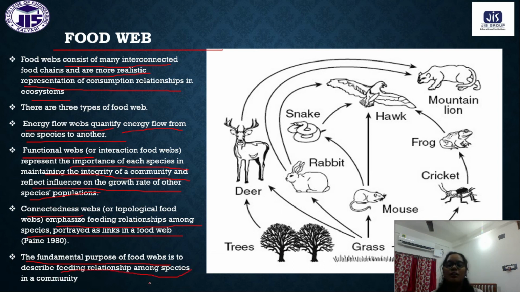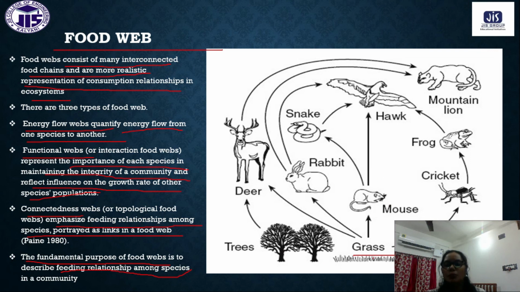We are exploring the feeding relationships among the species in a community. That is the data we can get from the food web.